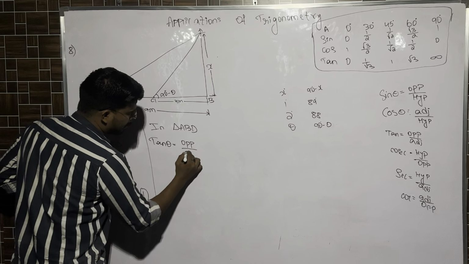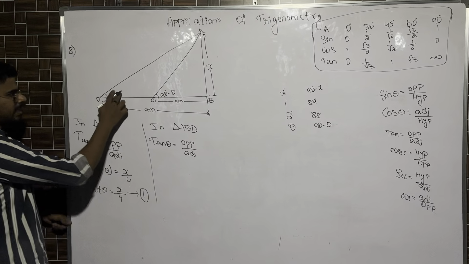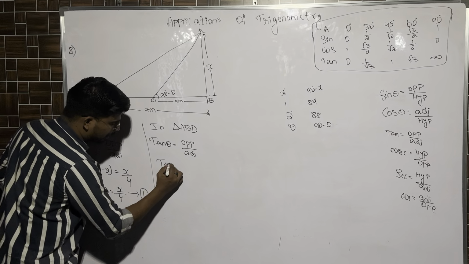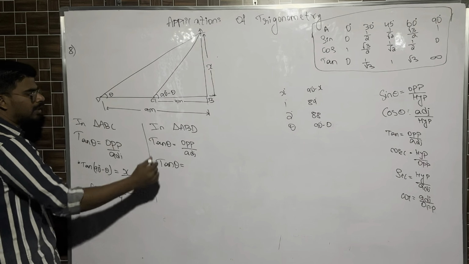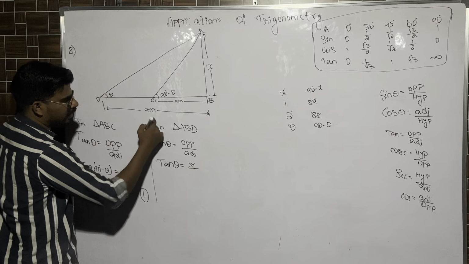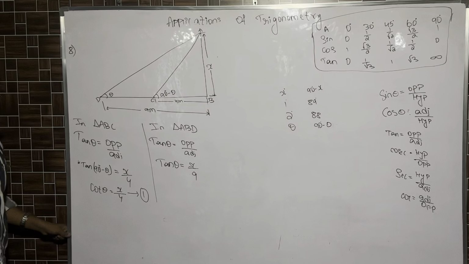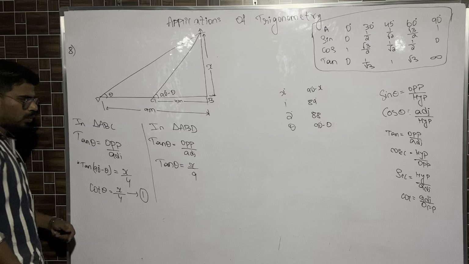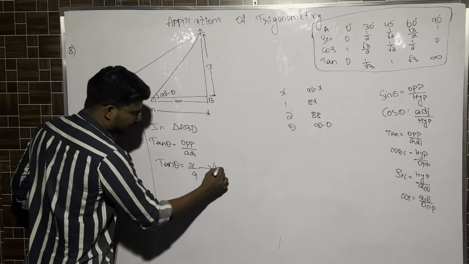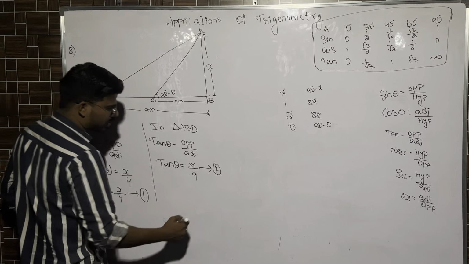What is the angle here? Theta only. So tan theta is equal to opposite x by adjacent 9. We cannot do anything from here, so let us consider this as equation 2.